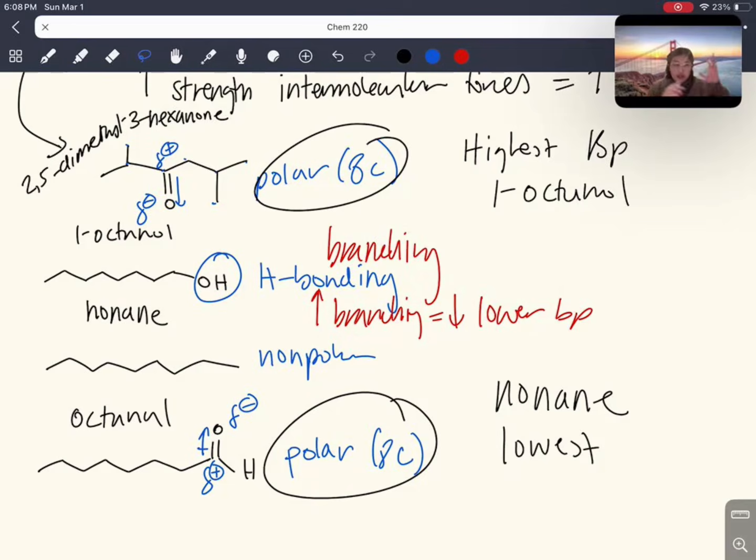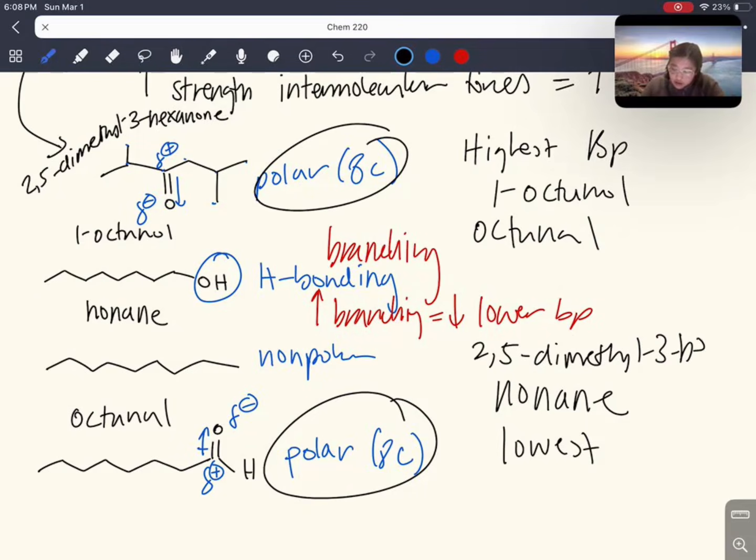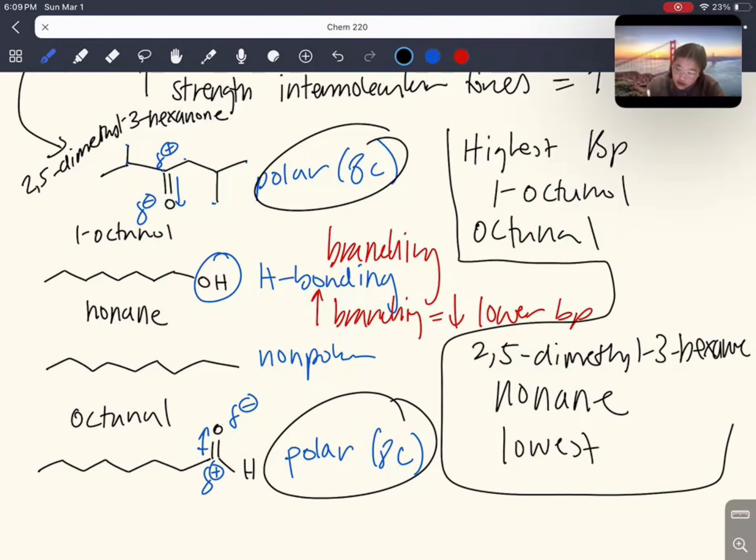And so an increase in branching means a lower boiling point. Because these molecules have the exact same number of carbons, we're not going by molecular weight here, we're going by branching. And therefore, octanal will have a higher boiling point than 2,5-dimethyl-3-hexanone. So that is the answer for the ranking of highest to lowest boiling point for the first list.